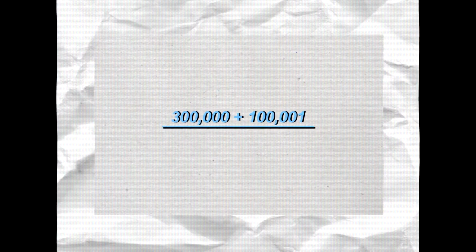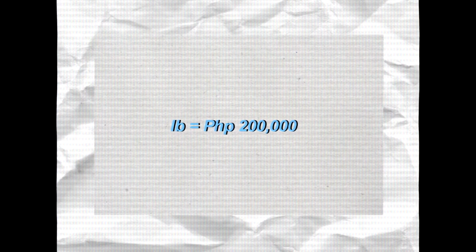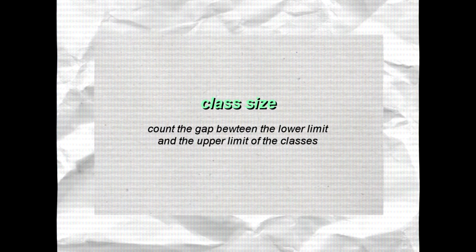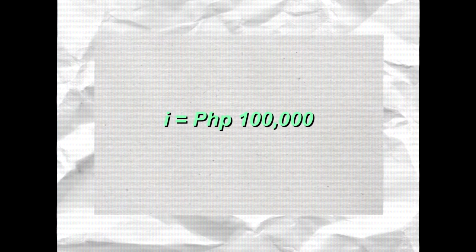In this problem, we just added 300,000 plus 100,001 divided by 2, which is basically 200,000 pesos and 5 centavos. Lastly, in order to get the class size, you just count the gap between the lower limit and the upper limit of the classes, and for this certain problem, our class size is 100,000 pesos.